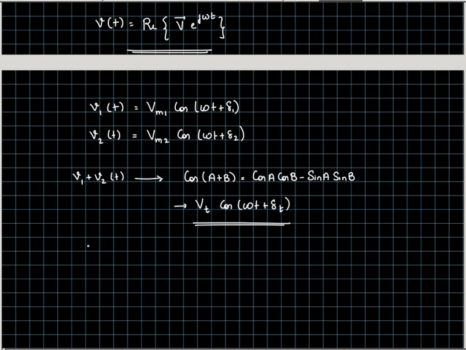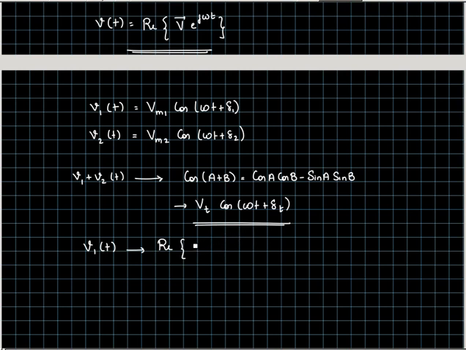So, what we can do is represent V1(t) and V2(t) as phasors. V1(t), if you represent it as a phasor, is simply equal to the real part of Vm1 e raised to j delta 1 times e raised to j omega t, or let me use the phasor notation itself.